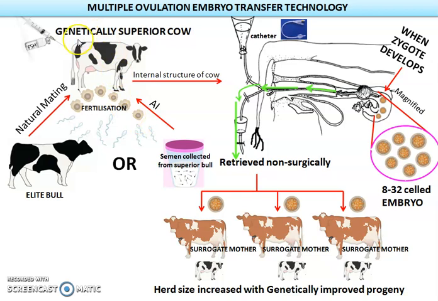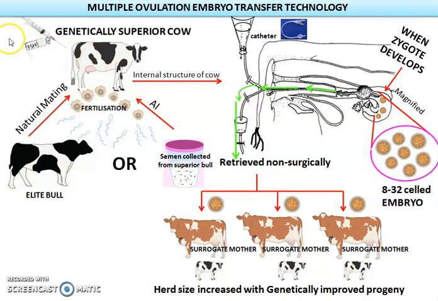So what we do here is take a genetically superior female, that means one with good genes and high lactation, whatever we discussed in detail about the qualities of a superior female. Then when the reproductive period of this cow is understood, at the right time, that means when follicles are to be developed, at that time FSH, follicle stimulating hormone, is administered.